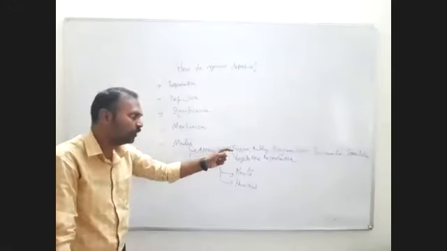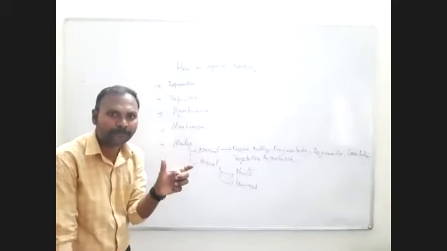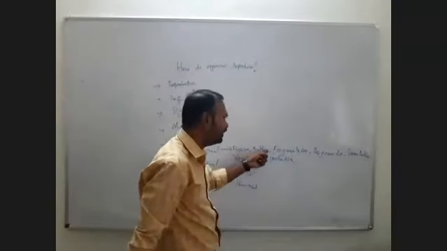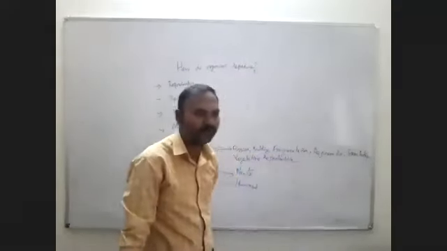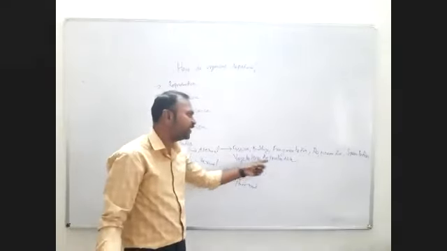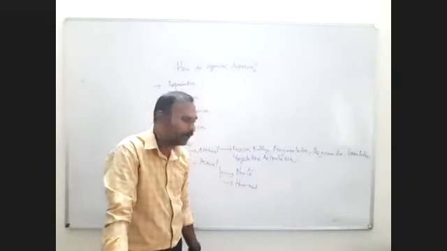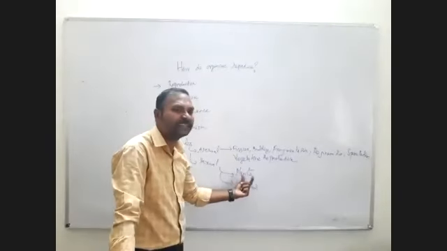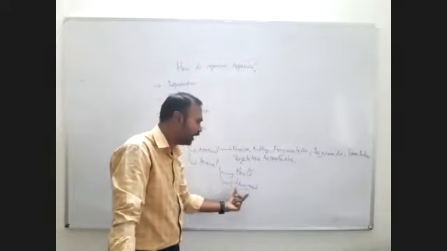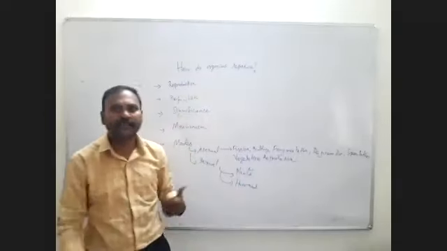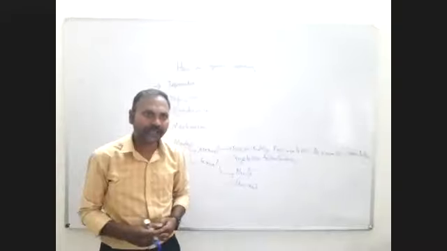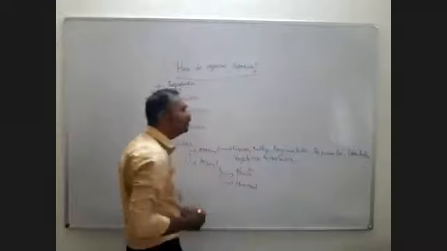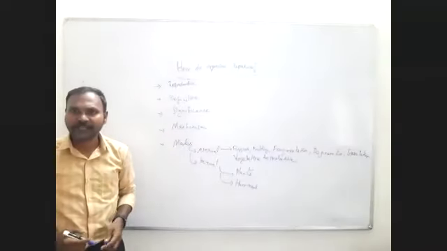In asexual mode there are many, but we are going to discuss these types of reproduction: fission, budding, fragmentation, regeneration, spore formation, and then vegetative processes. Then the sexual mode of reproduction, how the plant reproduces sexually, and how humans reproduce sexually. So this is the main area of this chapter, how do organisms reproduce.